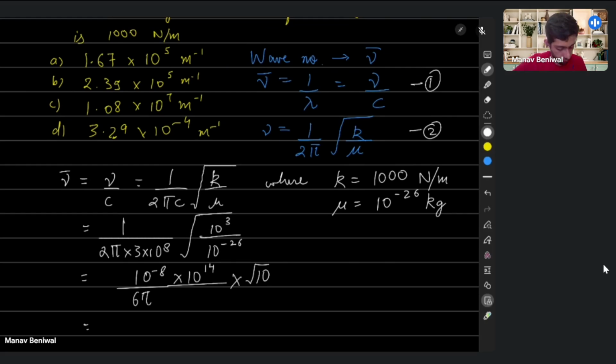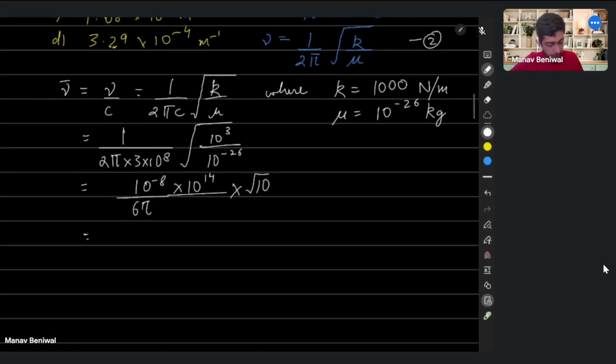Okay, so finally what we have is root 10 over 6 pi. Let me take one more 10 here, and then this becomes 10 to the power 5.